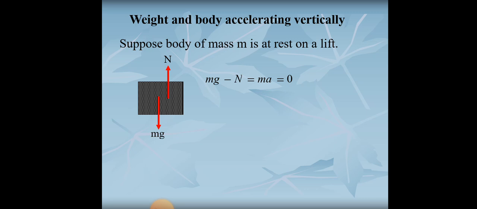If mg was greater than N, it means that body is going to be going what? Down. But because mg and N are equal, the movement there is zero. That's why we say that the body will be at rest.